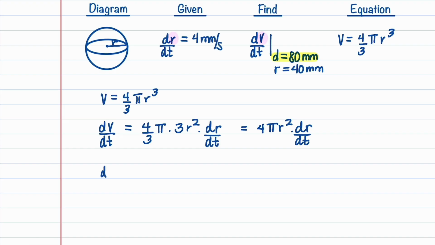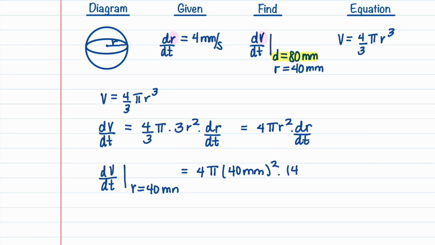Now we want to find the rate of change of the volume when our radius is 40 millimeters. So we're going to have 4 times pi, and now r is 40 millimeters, squared. And then our dr/dt was given to us, and that was 4 millimeters per second.